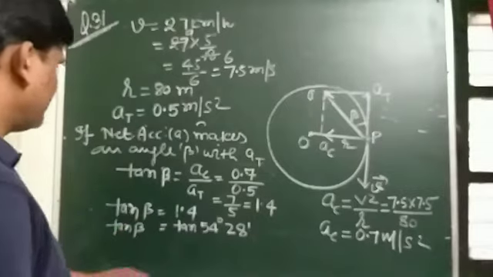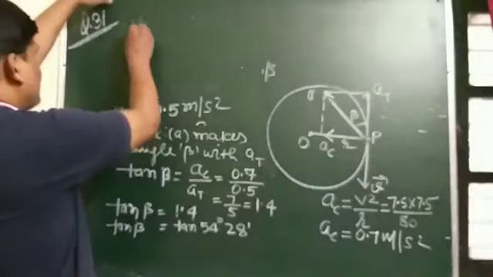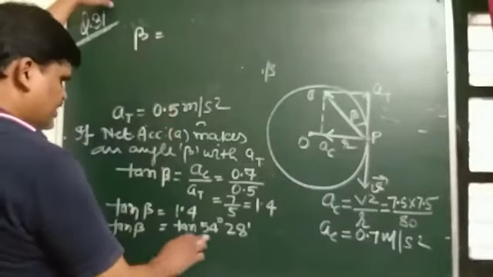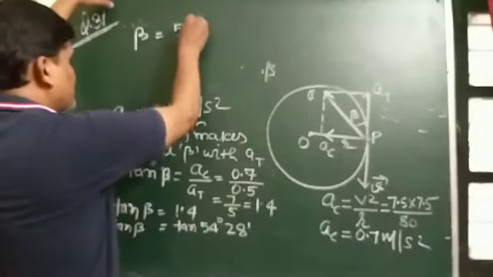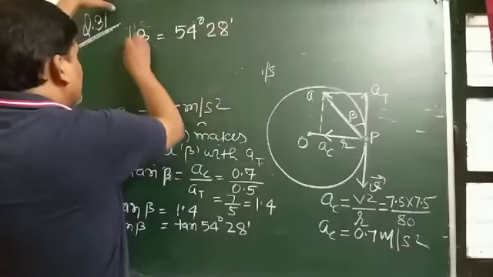So beta comes out to be, students, in this case, 54 degree 28 minutes. This is the answer.